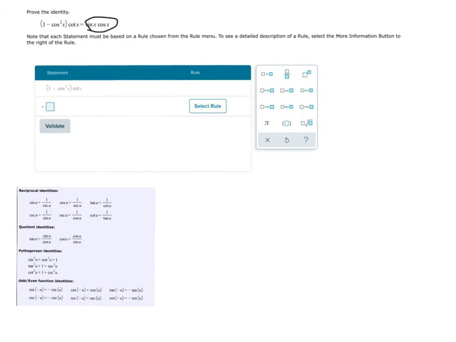So we have 1 minus cosine squared x times cotangent of x. We don't see 1 minus cosine squared x anywhere on this formula sheet, but I do see sine squared u plus cosine squared u equals 1.